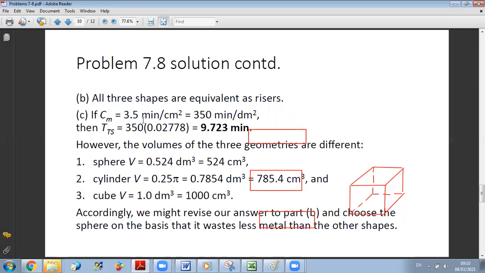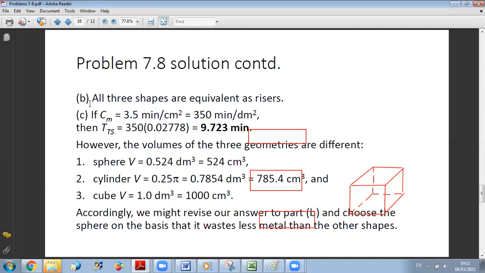If you expressed V over A in decimeter, then you should convert your mold constant to minutes per decimeter square. If you calculated your V over A in centimeter, then you can use this value. Okay? So just pay attention to units. And then you can get the solidification time for the 3 shapes equal to 9.723 minutes.